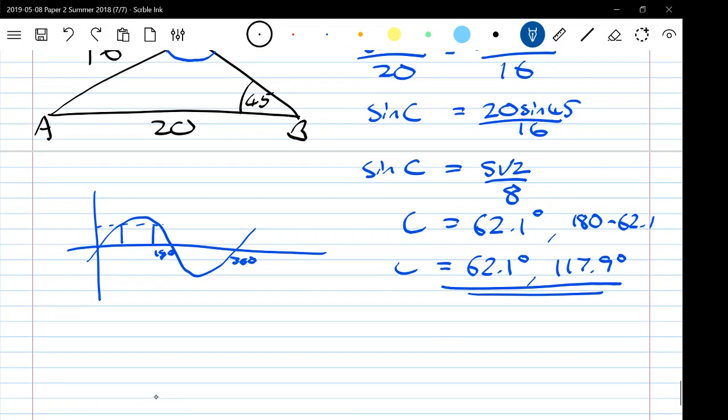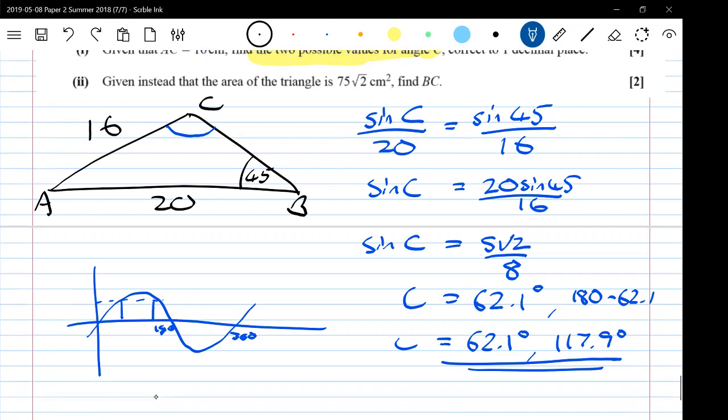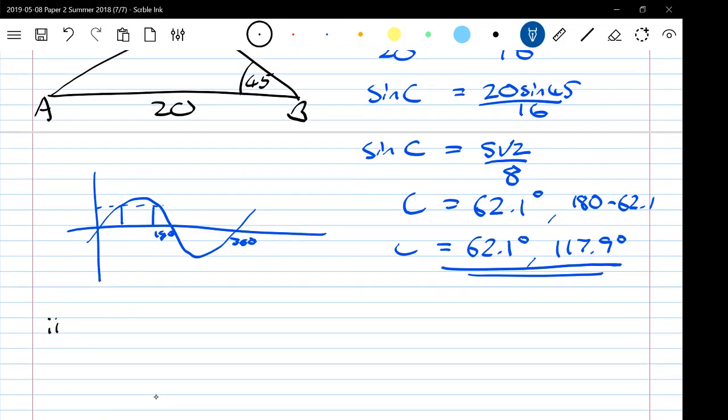Okay, part B. Part 2, given instead that the area of the triangle is 75 root 2, find BC. Okay, we've got a little bit more that we need to work out with this. The area is 75 root 2. We know, don't we, that the area of a triangle is a half AB sine C. That's the formula that we've got for finding the area of a triangle.